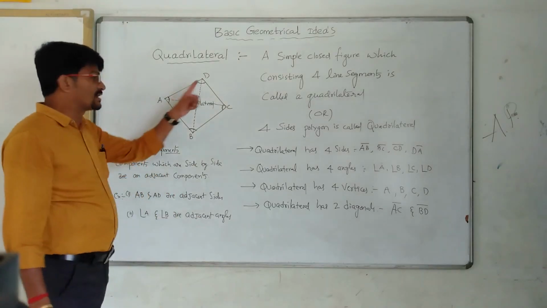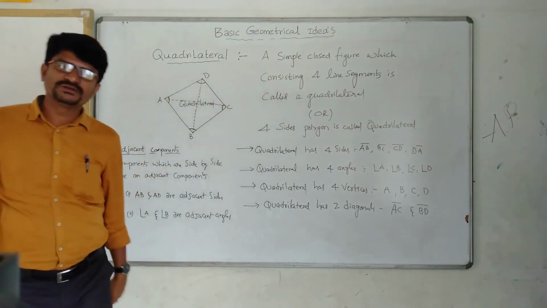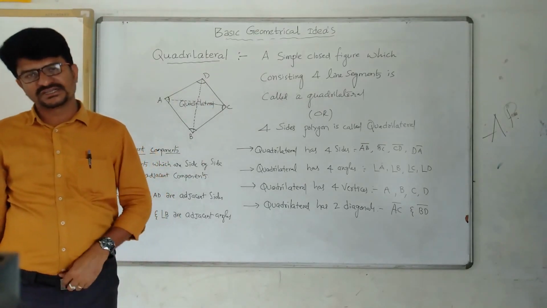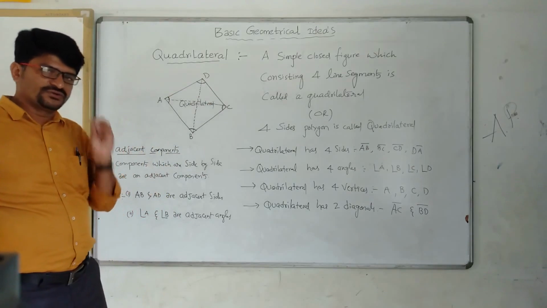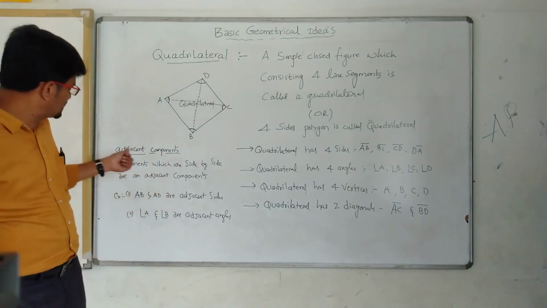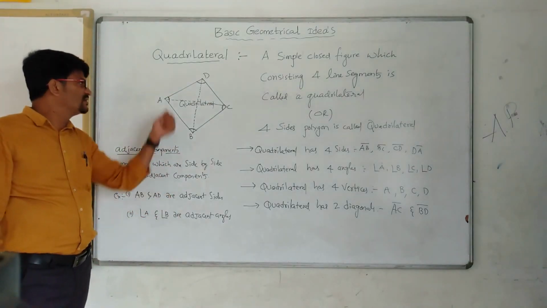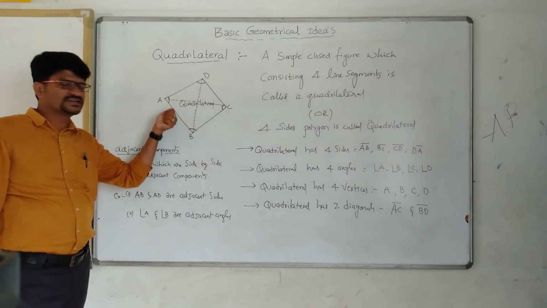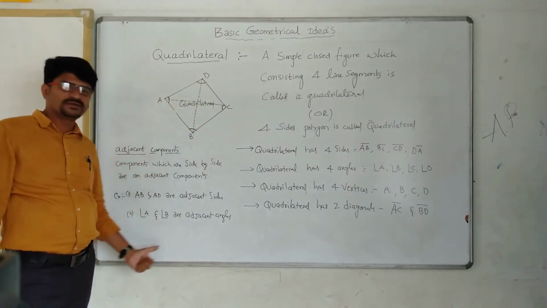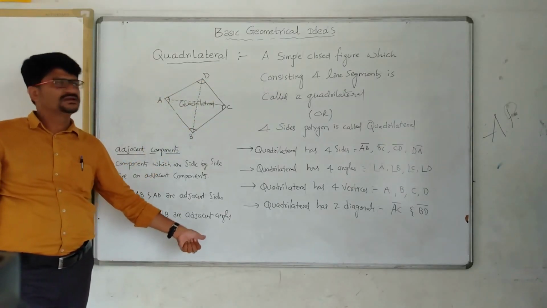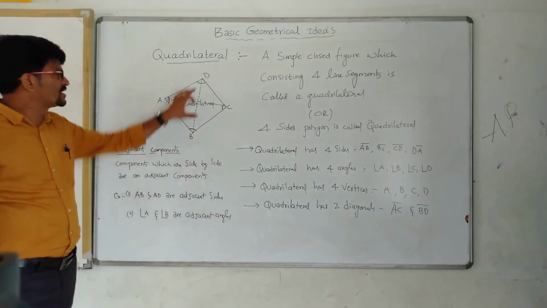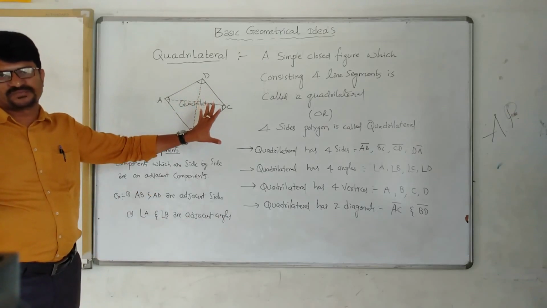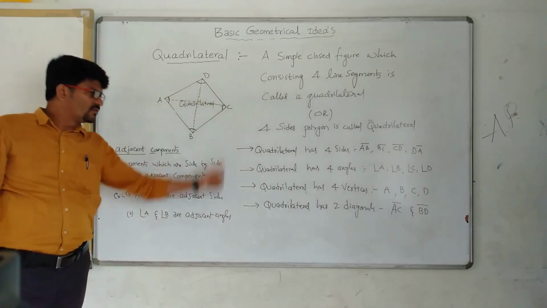So you can write pairs of opposite angles and pairs of opposite sides also. Clear, children? So this is your home task. You have to write the remaining pairs of adjacent sides and the remaining pairs of adjacent angles of a quadrilateral. Like that, you can make opposite parts also. Okay? Now write it, all of you.